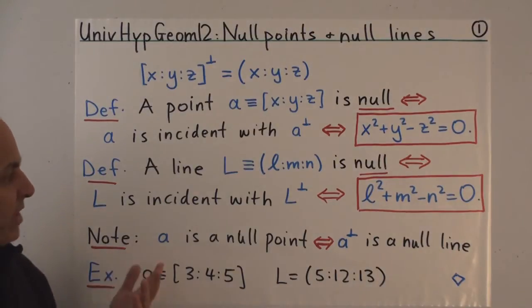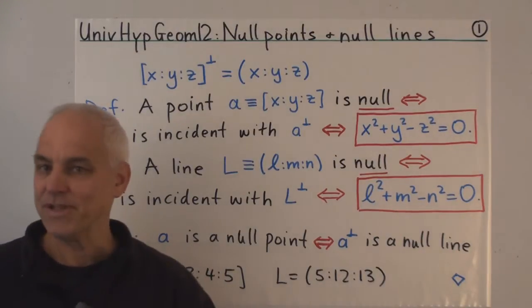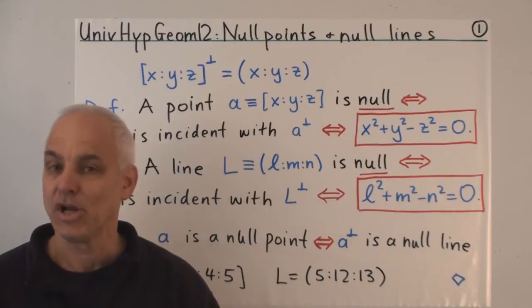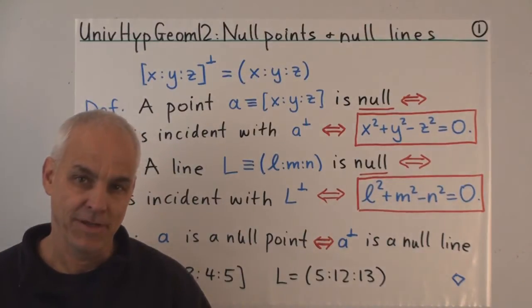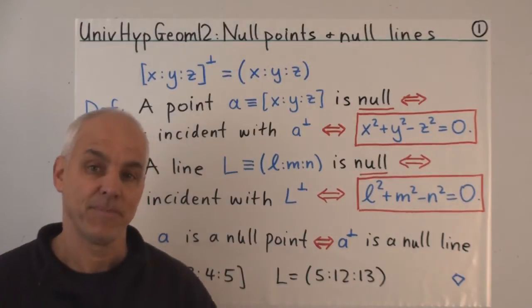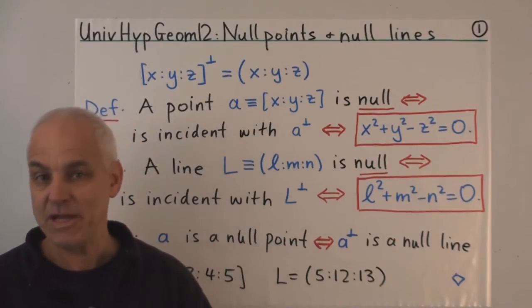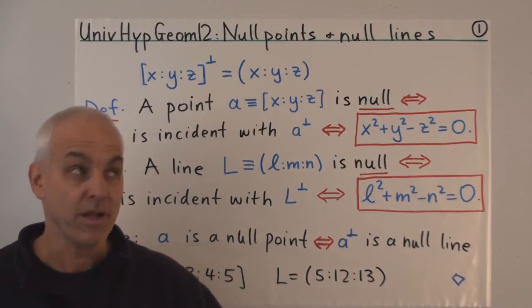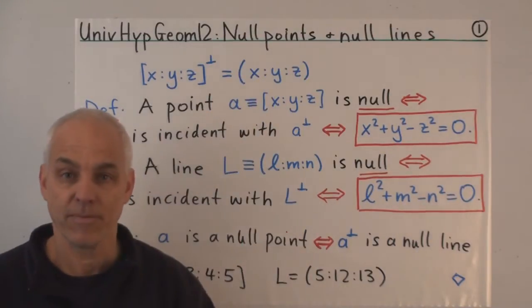So the null points and null lines play a central role in the subject. In classical hyperbolic geometry, what we are calling null points are called points at infinity. They are technically speaking not actually part of the geometry, but rather out at infinity somewhere.